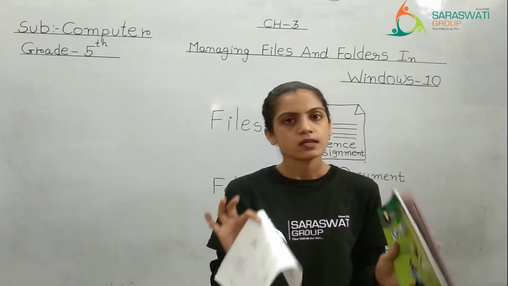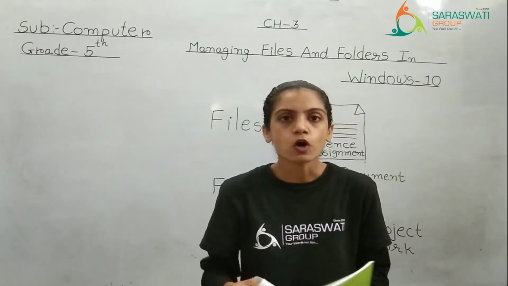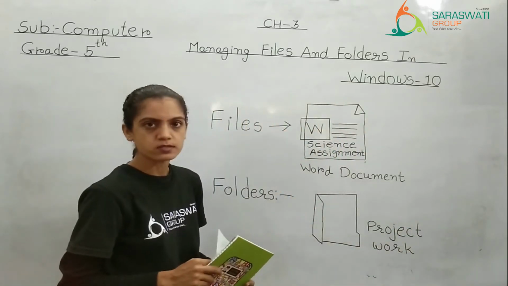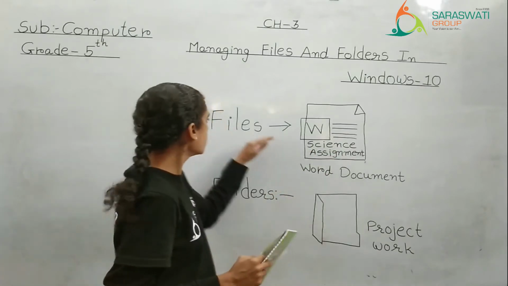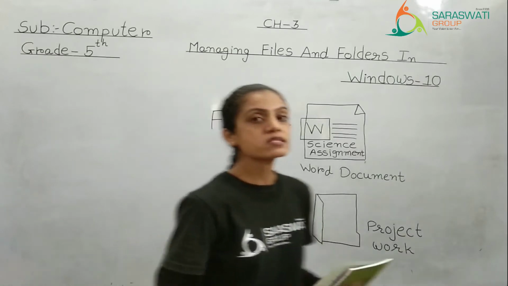Easy to maintain, right? I have shown you this concept so you can understand the difference between files and folders. Here, as you can see, I have drawn small icons of a file as well as a folder. Now what is a file?